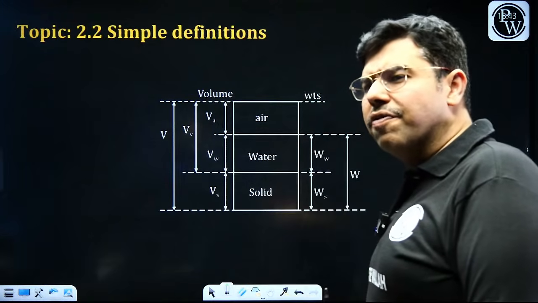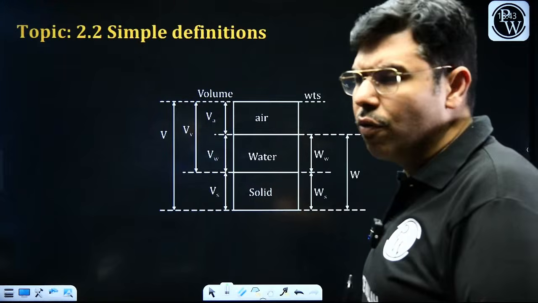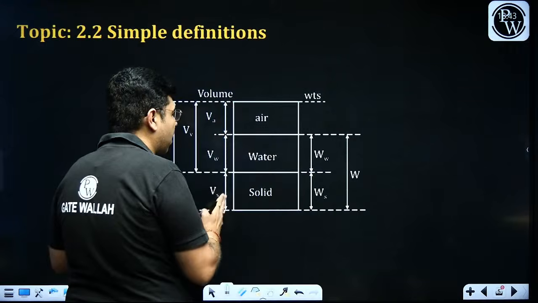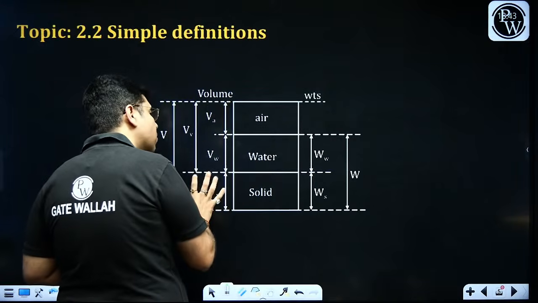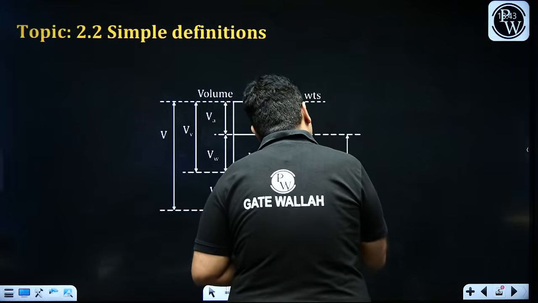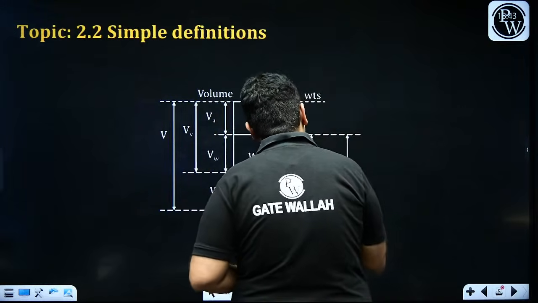And while using the phase diagram, you should understand a simple rule that we will follow. What is that simple rule? On the left side of this phase diagram, you will take only volumes, whereas on the right side, you will take only weights.